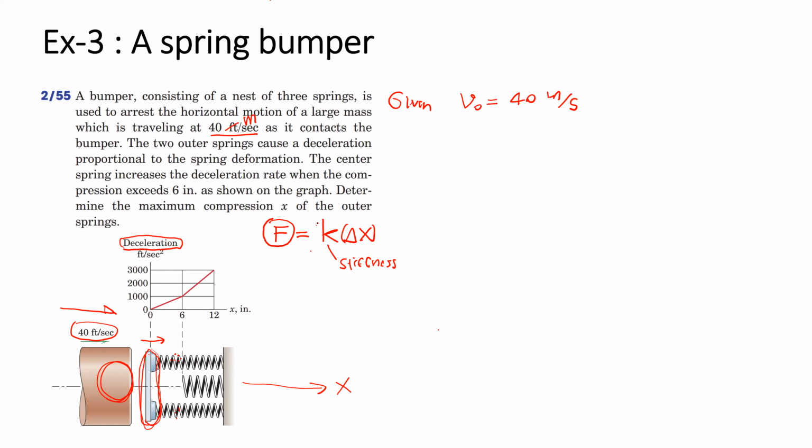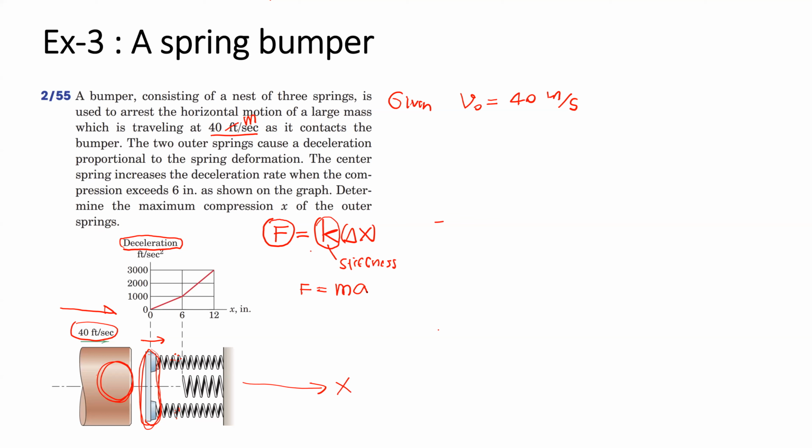So with the constant stiffness, the force has a linear relationship with the displacement. But you know that the force also relates to the mass multiplied by the acceleration.